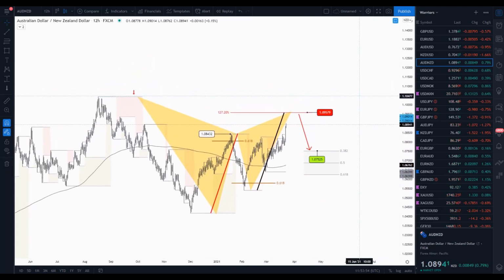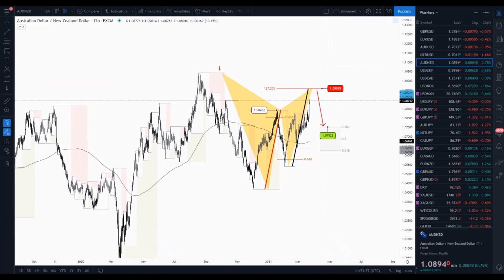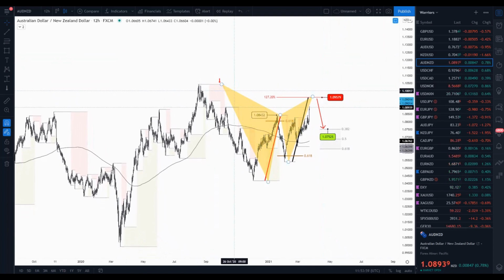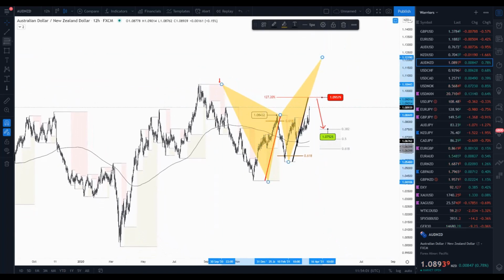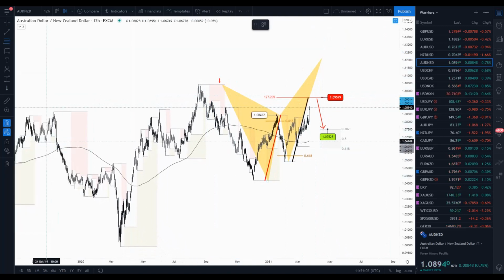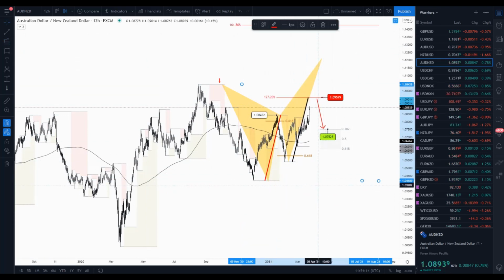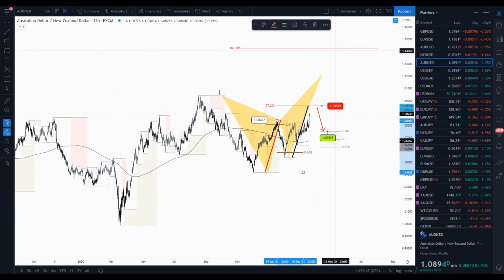If the market decides to fail and decides to approach the previous structure highs and to trade above those highs, there's only one other, and that one will be printed between the golden Fibonacci retracement levels and the golden Fibonacci extension level.